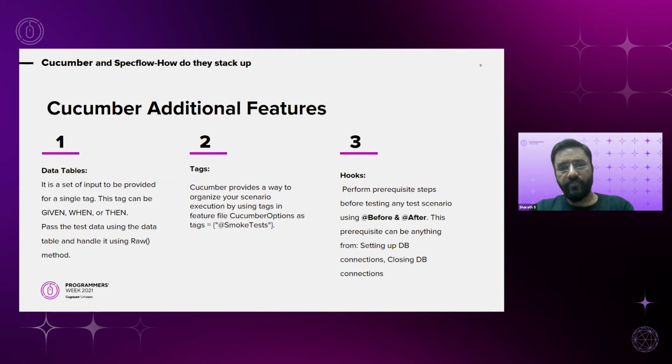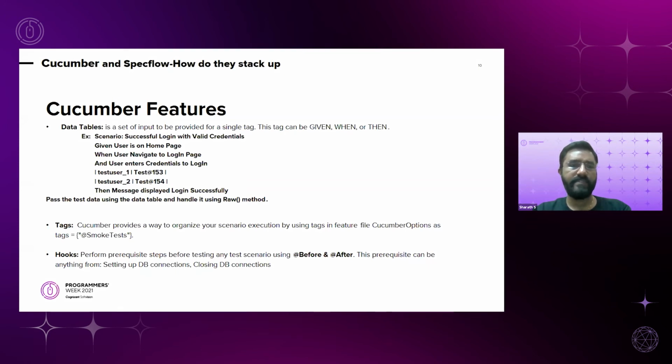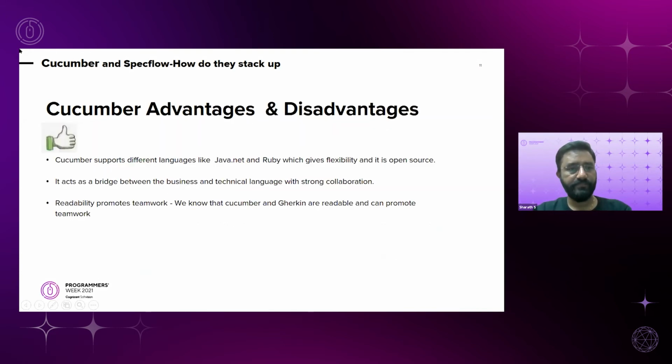So I tried to bring out a few of the features of Cucumber, but it has its own advantages and disadvantages. Again, this is one such example that I was trying to mention about a data table. Okay, let's try to understand the advantages that we think of for Cucumber.